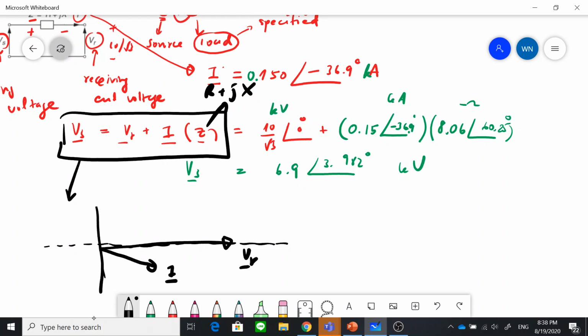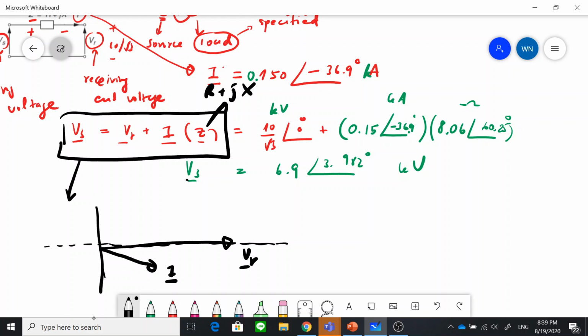Multiplication of I times Z means you multiply I by the real part and the imaginary part.